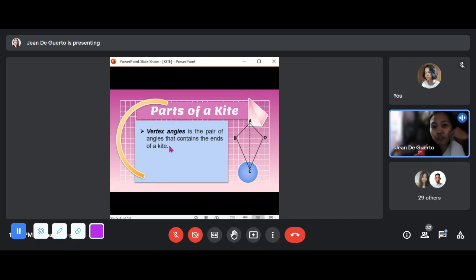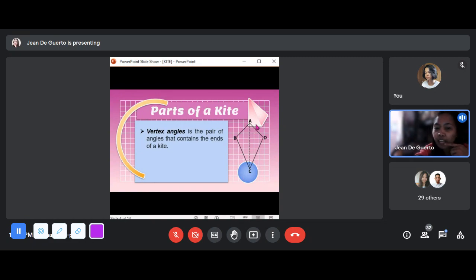So in the figure on our slide, angle BAD and angle BCD are the vertex angles. So these two angles, angle A or angle BAD, and angle C or angle BCD, are the vertex angles. Okay?